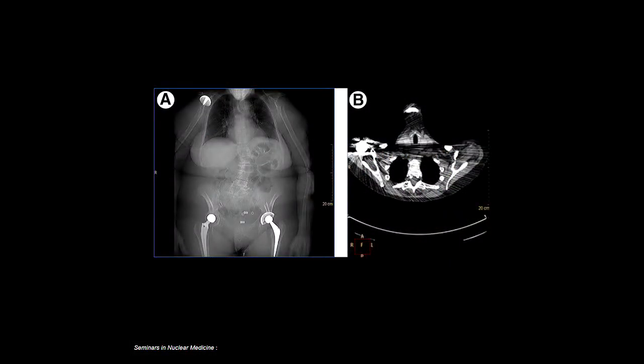You can see this in this picture also. I hope you can see the streak artifacts here, and this is typical, where the high energy photons have been highlighted. The second problem in the fusion image is this shoulder joint. Around the prosthesis is the problem, because it is adjacent, the soft tissue is completely absorbed by the metal, and the low energy photons of the CT have been taken out.